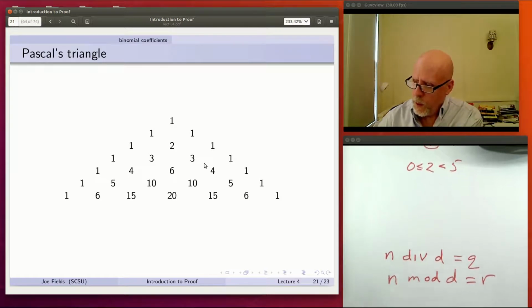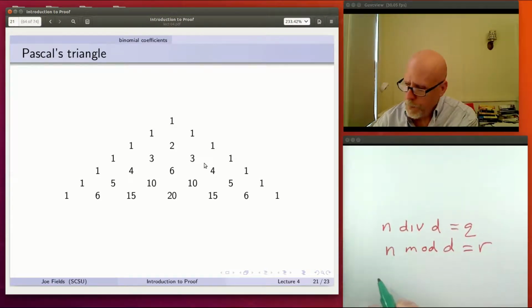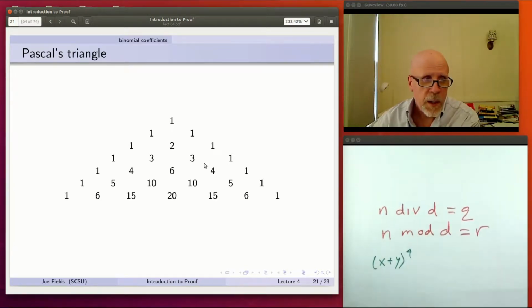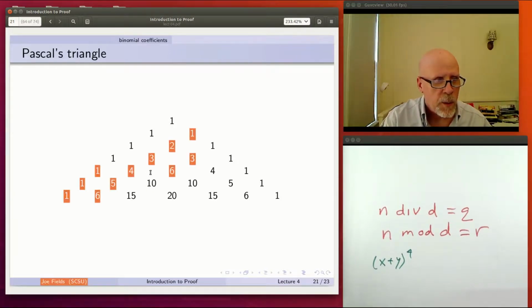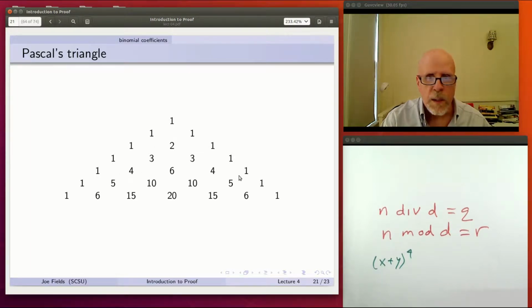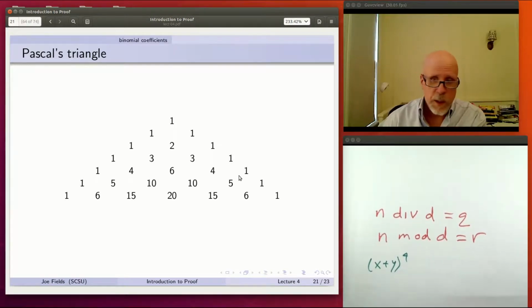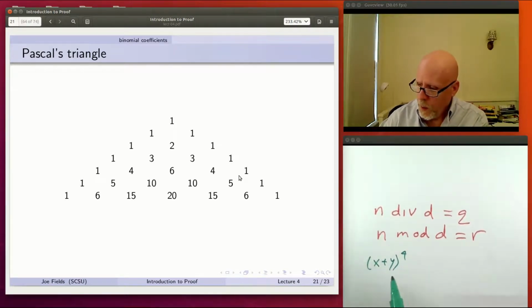A typical example would be if I want x plus y to the fourth power, I can just write it down because I go looking at this Pascal's triangle and I identify the row that has the 1, 4, 6, 4, 1 in it. Those turn out to be the coefficients in my expansion of x plus y to the fourth. And the powers start out with everything on the x, so x to the fourth.